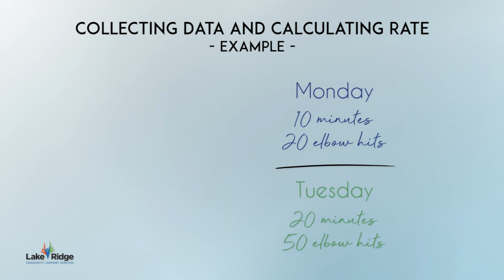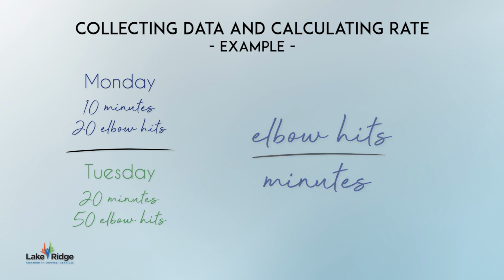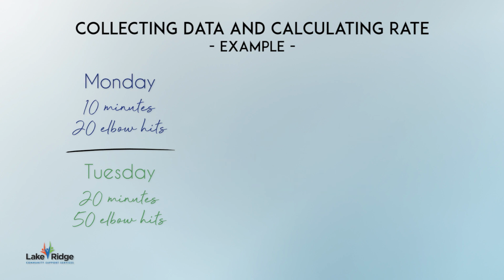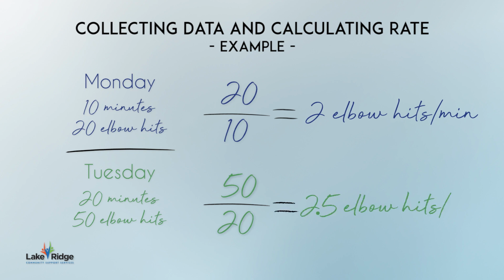To calculate the rate of the behavior, in this case, elbow hits, for each day, divide the total number of times the behavior occurred by the total observation time. The rate of elbow hitting for Monday would be 20 divided by 10 minutes, equaling 2 elbow hits per minute. The rate of elbow hitting for Tuesday would be 50 divided by 20 minutes, equaling 2.5 elbow hits per minute.